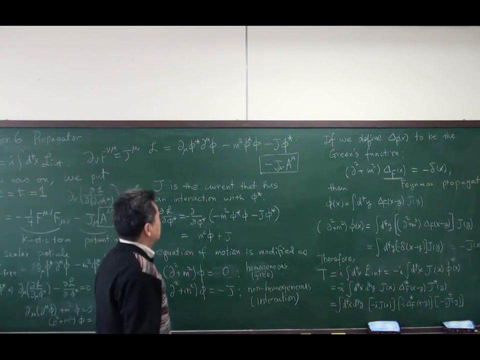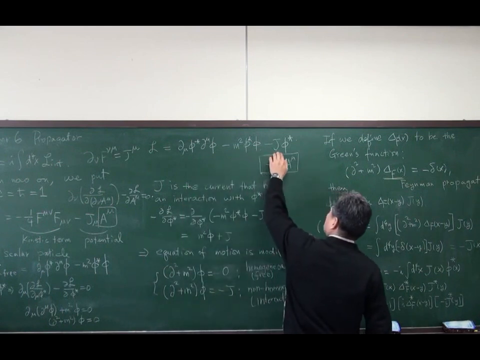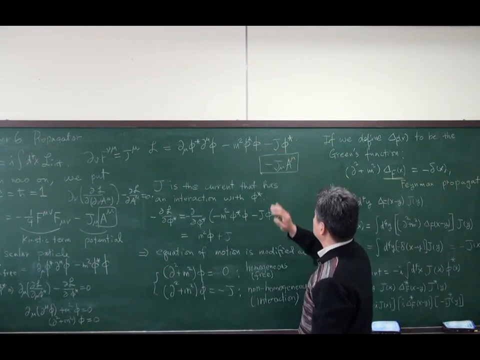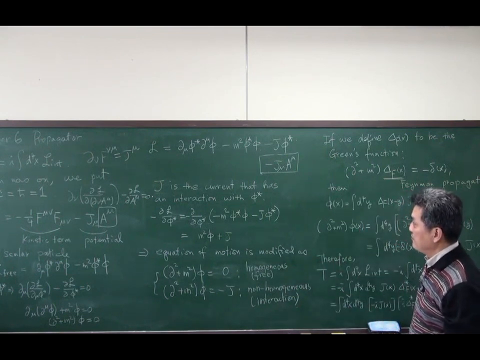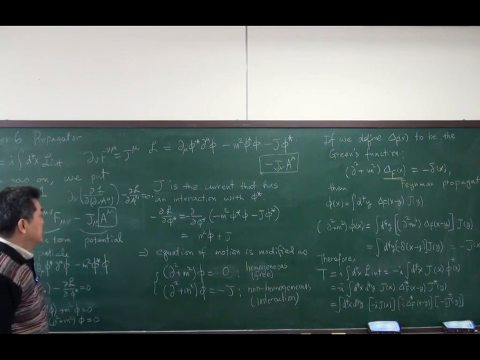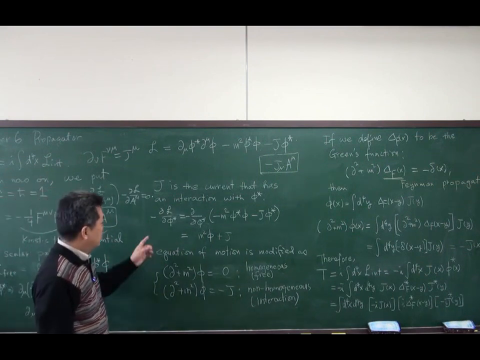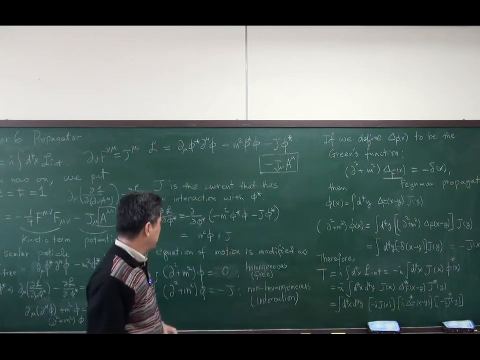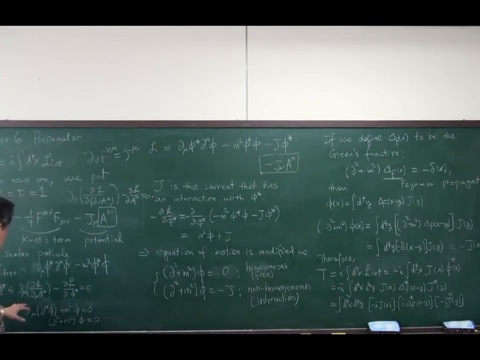So the replacement of the current interaction potential can be made by minus j multiplied by phi star, and j is a Lorentz scalar. If we add this term in here, the kinetic term doesn't change, only this partial derivative changes.